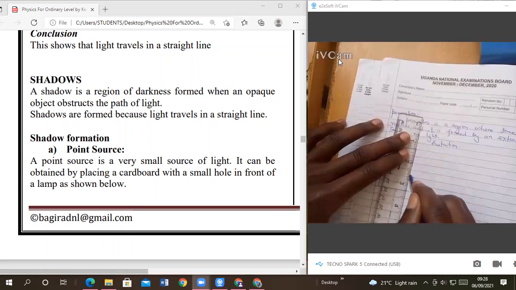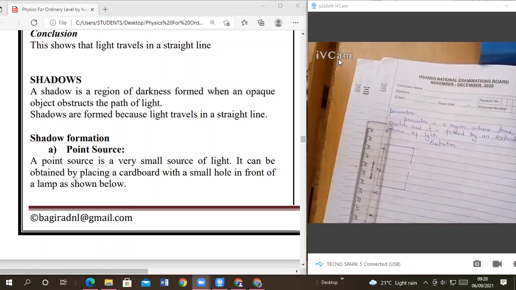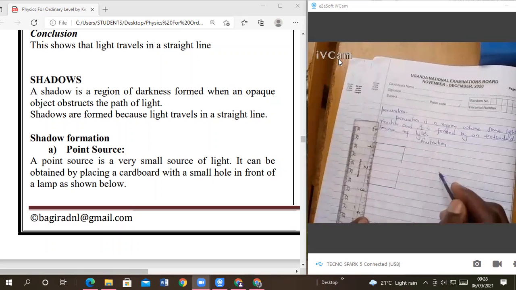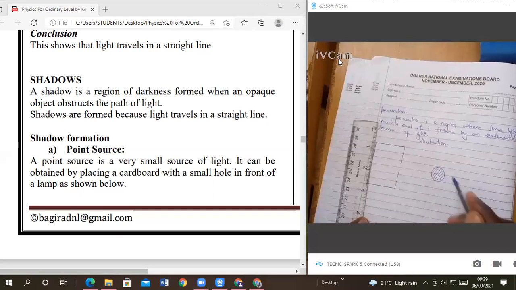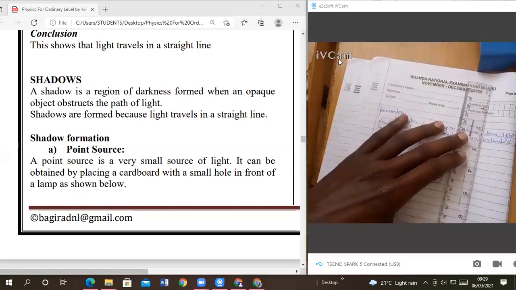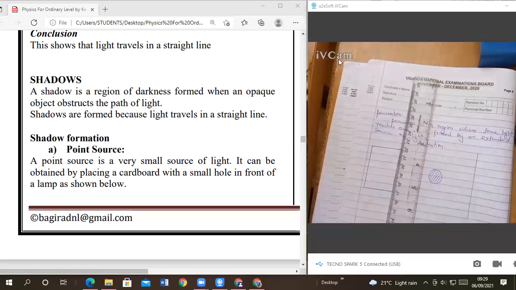We said this time it is extended, which means the gap here must be a little bit wide, because it's the extended source of light. Then we put the opaque object there. Then we shall have the screen there.